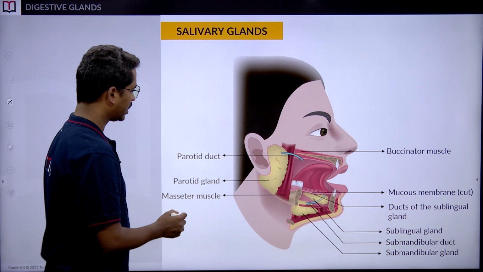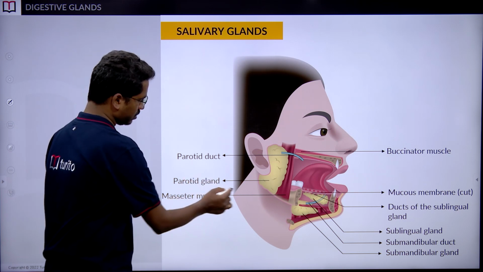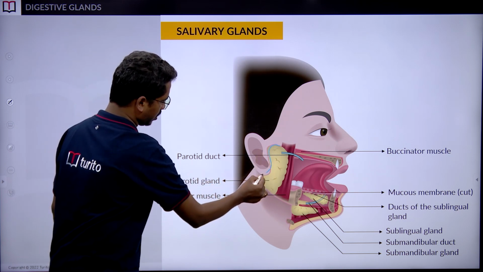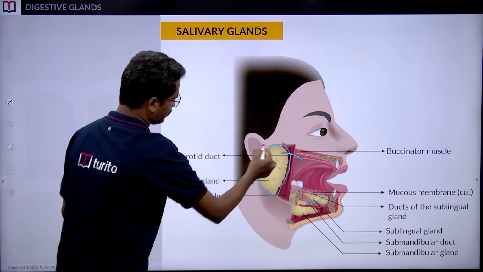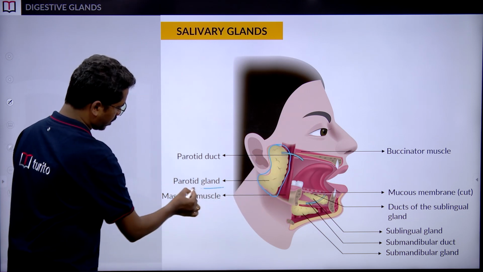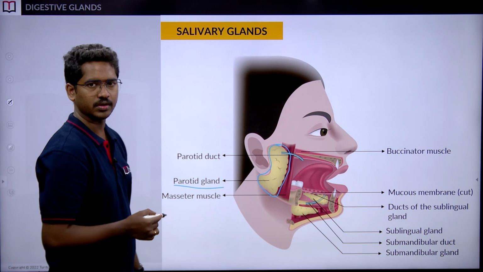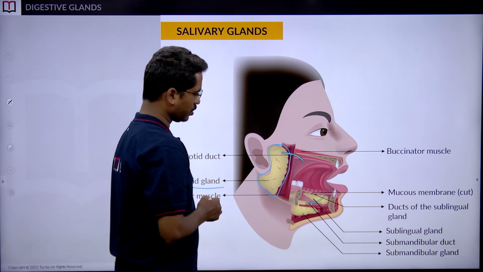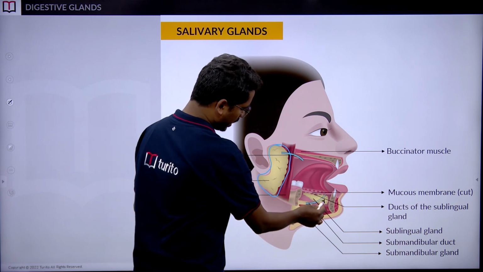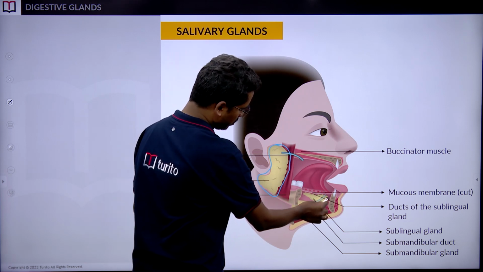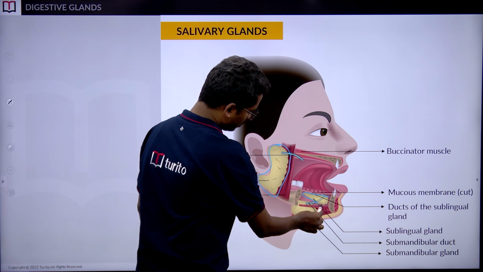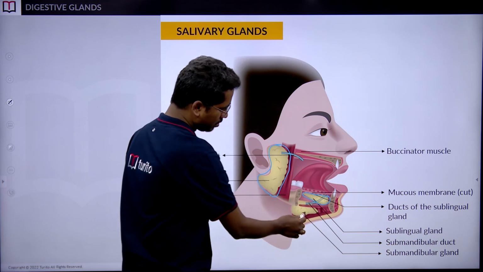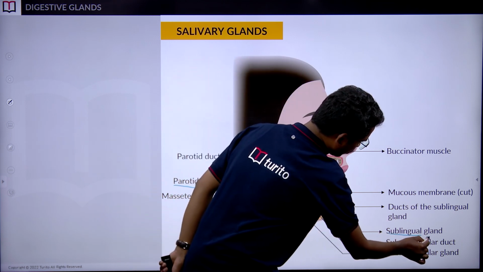Got it? Starting with this region, which I am encircling for you, this is the parotid gland. So, that is the parotid salivary gland. Next, there is one more gland here, this one. This is known as the sublingual gland.